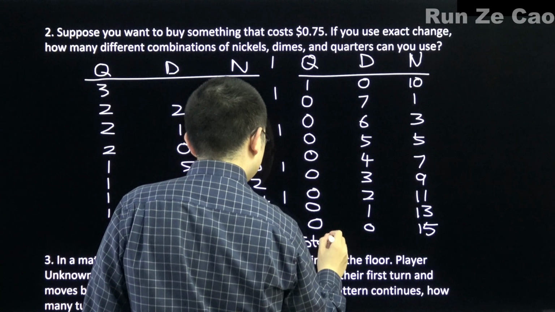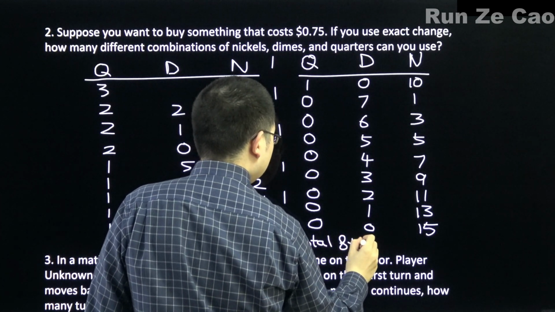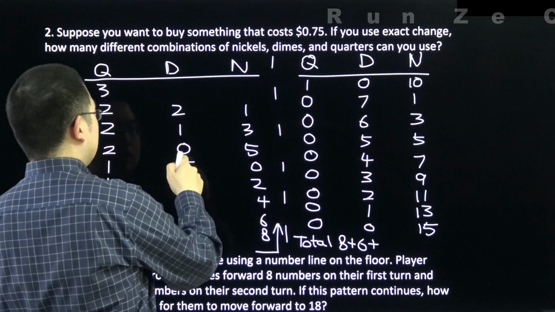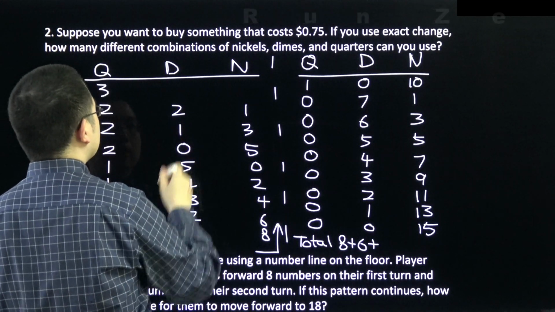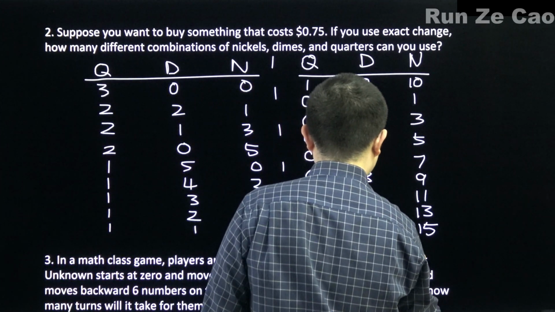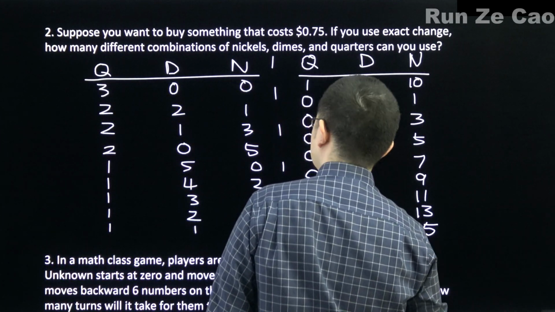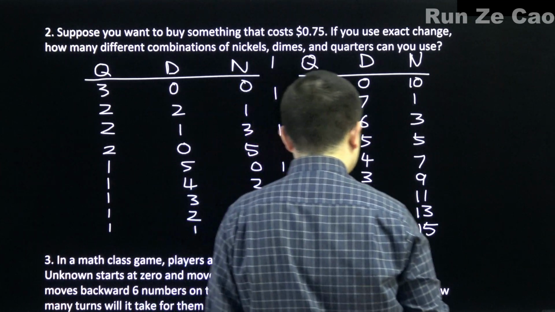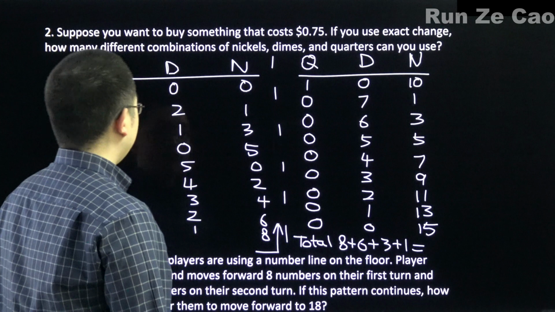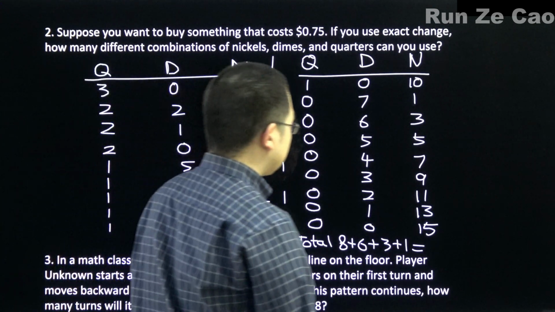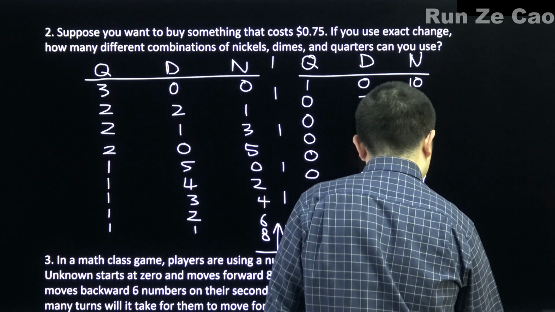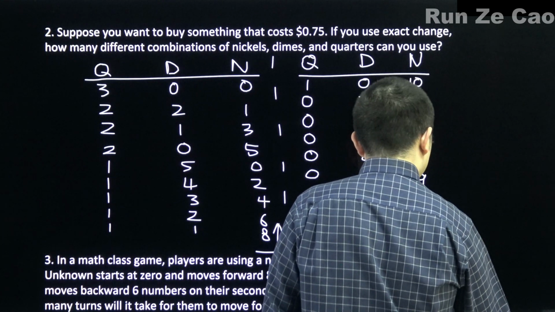Total 8 plus 6 plus 1, 2, 3. 3 plus 1, which is equal to, well, 3 plus 1 is 4, and then you add 6. 4 plus 6 is 10, plus 8 is 18, and this is combos.